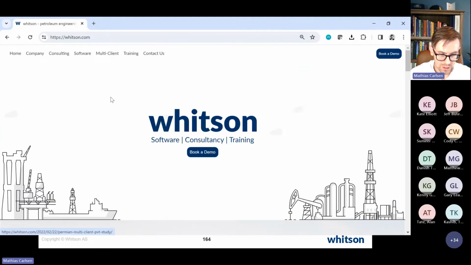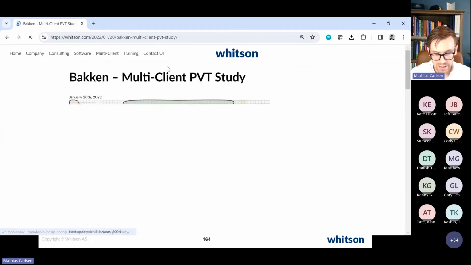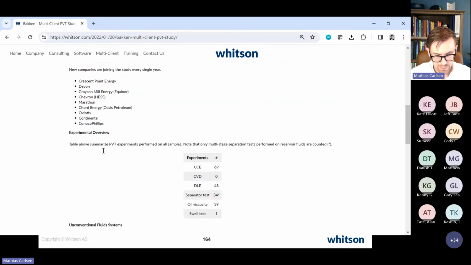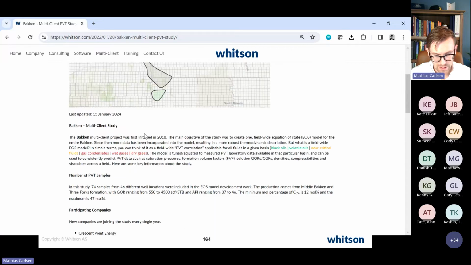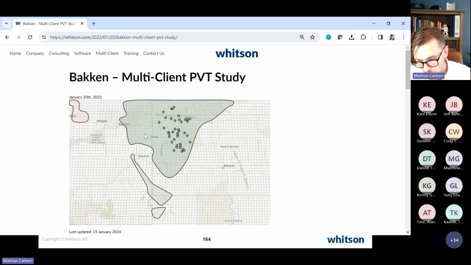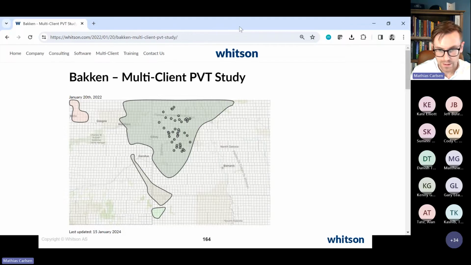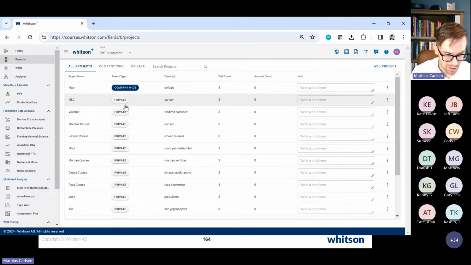All these studies right here have dedicated information and deliverables associated with them. If you want to know it for the Bakken, for instance, just send me an email and I'll make sure to send you all that information with your data, all the data that was included in the study, etc. They will be different for the Bakken, and different for the Anadarko Basin, etc.